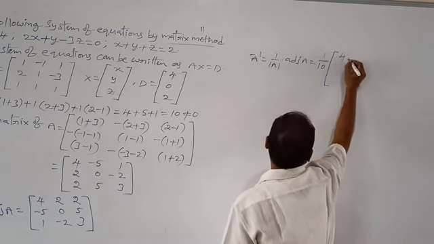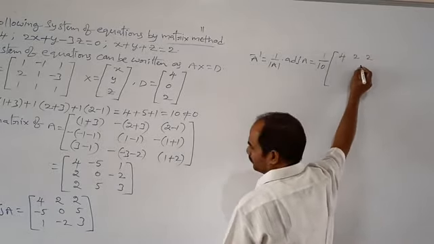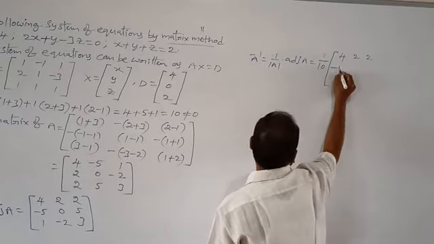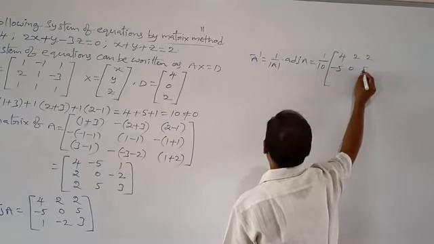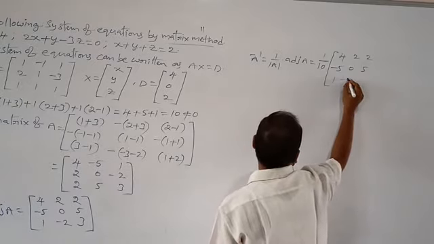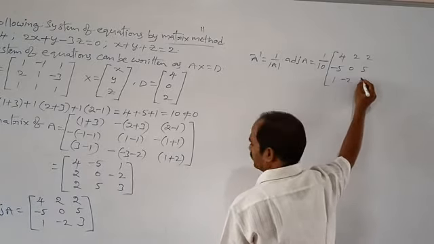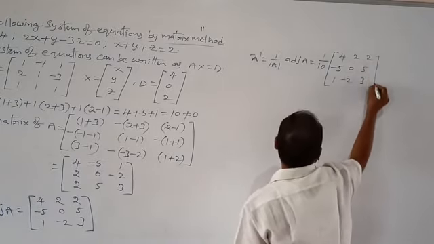The adjoint of the matrix is 4, 2, 2 in the first row, minus 5, 0, 5 in the second row, and 1, minus 2, 3 in the third row. This is the A inverse.